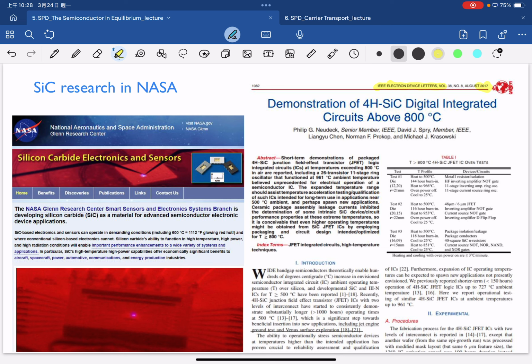In this case, they try to demonstrate a silicon carbide digital integrated circuit above 800 Celsius degrees. So why do they have to demonstrate it at 800 Celsius degrees? For sure, this is not an application on Earth. This is an application in space. It is just a material property with a different band gap, and we all know the large band gap has a low leakage current.